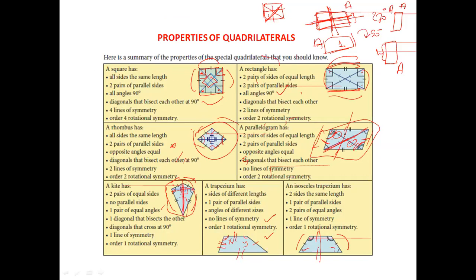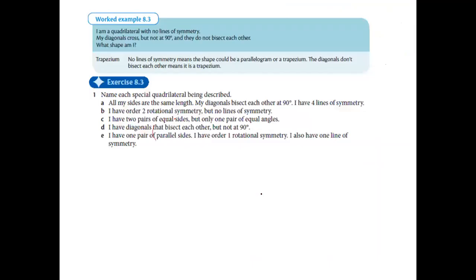The parallelogram's diagonals also don't bisect at 90, and the trapezium's diagonal lines are also not at 90 degrees. Okay, let's continue. And they don't bisect each other. What shape am I?